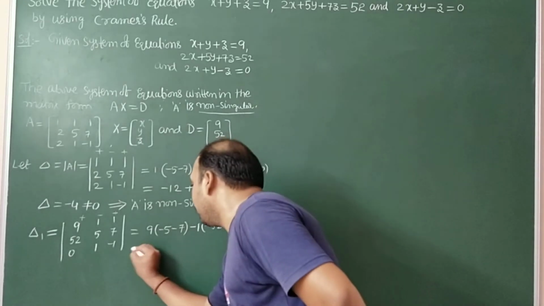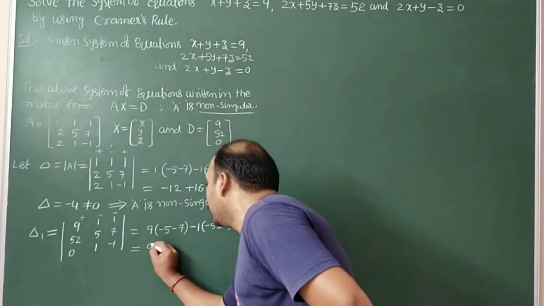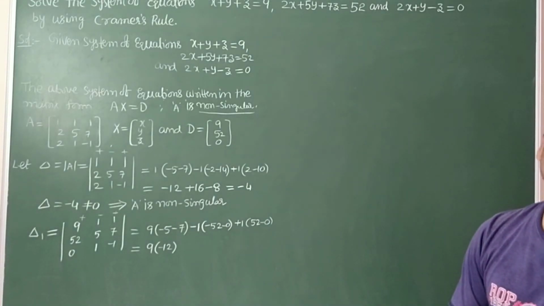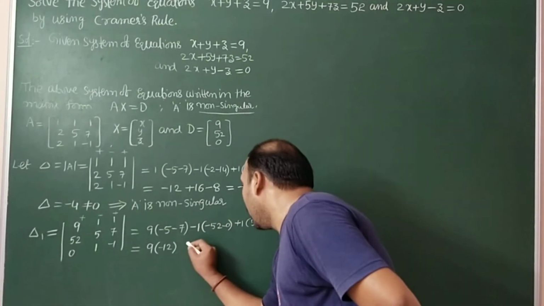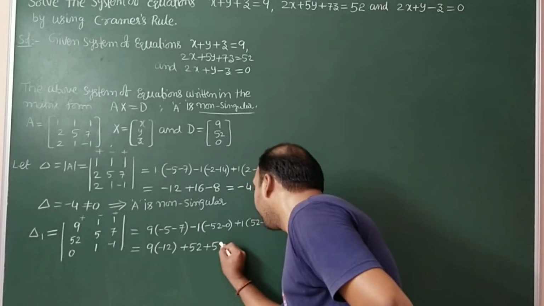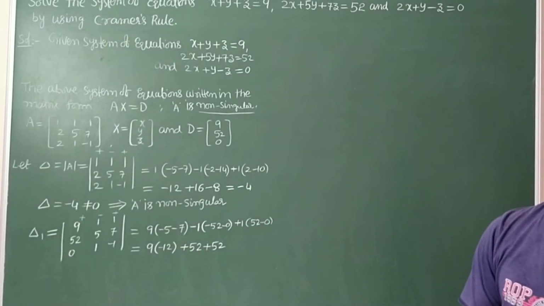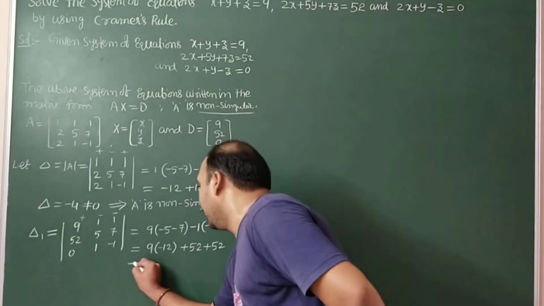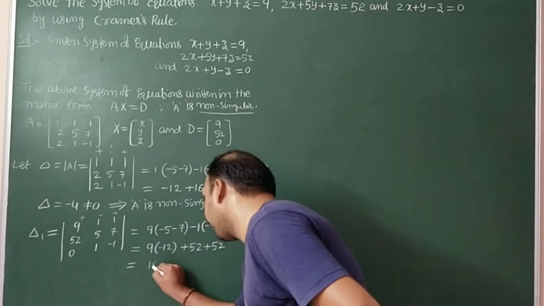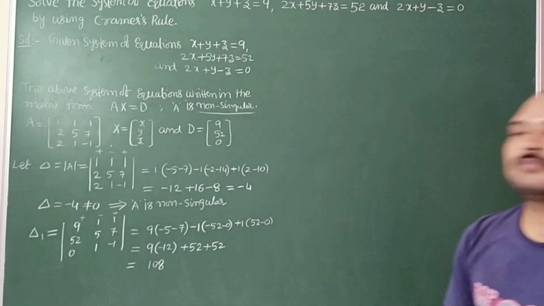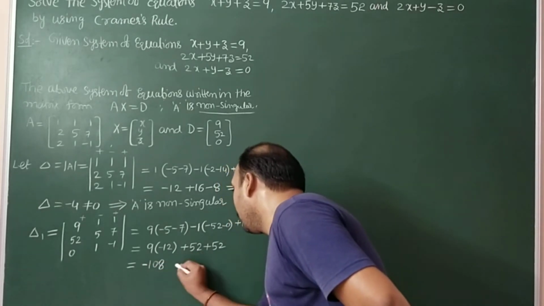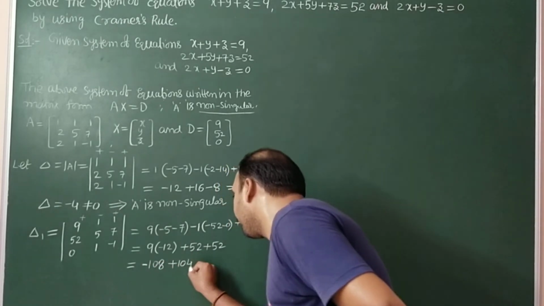So we can calculate. 9 into minus 12, minus into minus plus 52, plus 52. So 12 into 9 is 108. 52 plus 52 is 104.